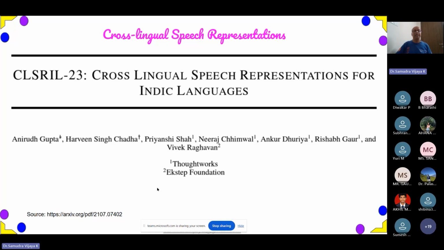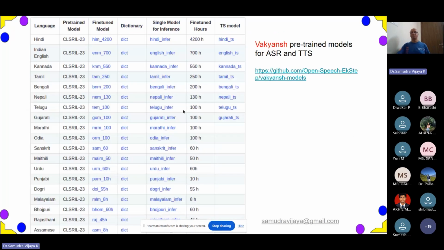And even recently, even in the era of deep neural networks, people do come out with cross-lingual speech representations. This is an NGO, Ek-Step Foundation, which has come with their own set of labels, and they have built systems. It's called Vakyansh.